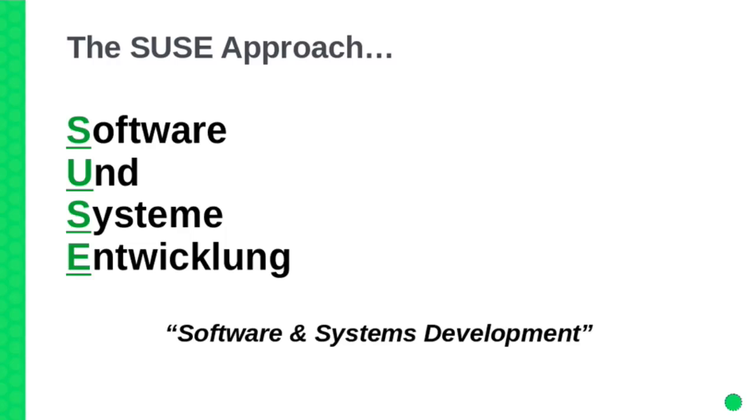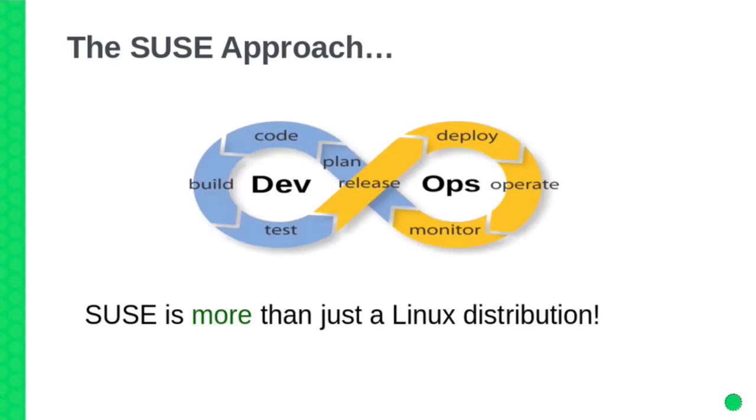So there's a lot of tools that you might have heard about. There might even be some tools that you haven't heard about, and we're going to talk a little bit about them. But at our very core, we're a systems and software development company, right? And that's right in the name. So this infinity symbol of DevOps, where you're worried about release management and operations and deployment, whether we knew it or not, we started with DevOps from the very core.